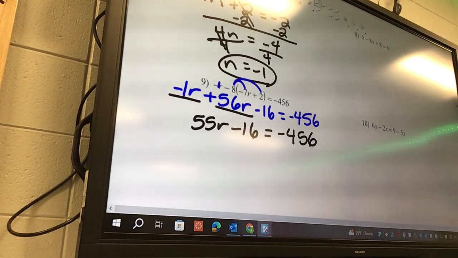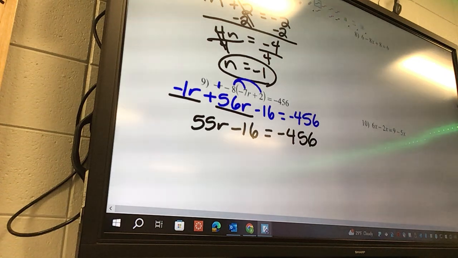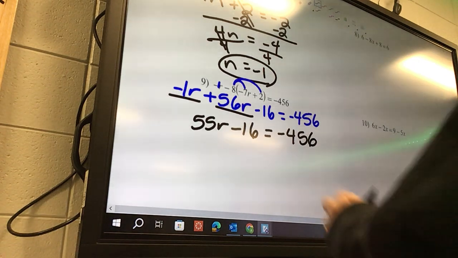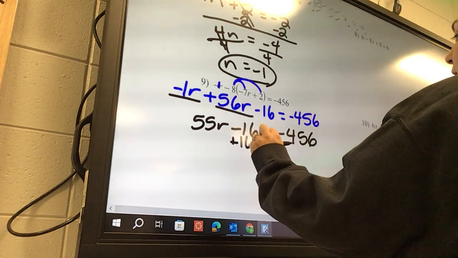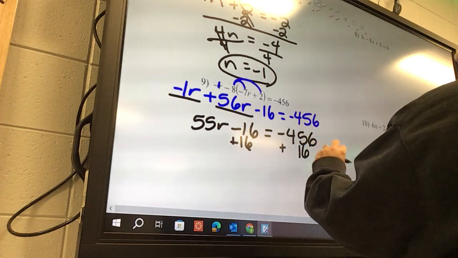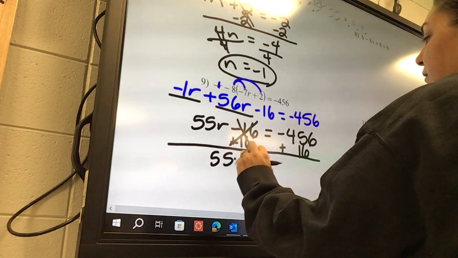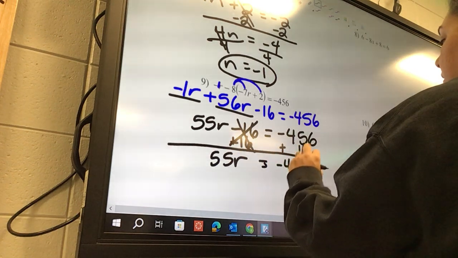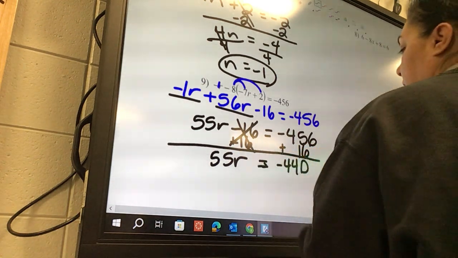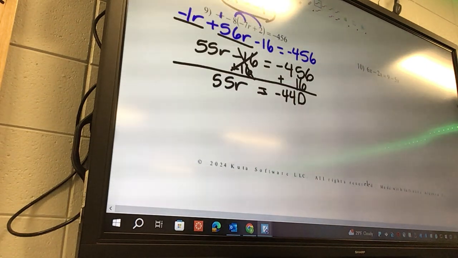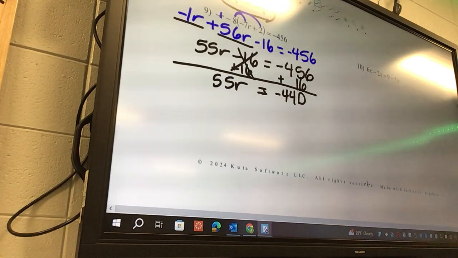Okay, and then who needs moved? The -16, so we're going to say plus 16 on both sides. What is -456 plus 16? Somebody agree with that? -440?